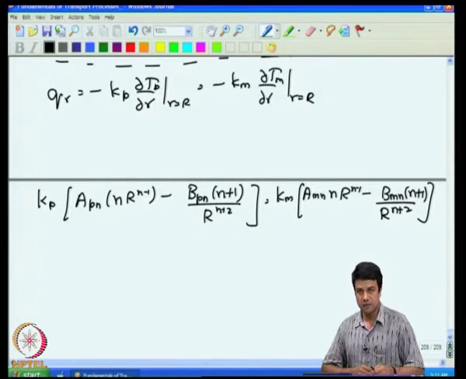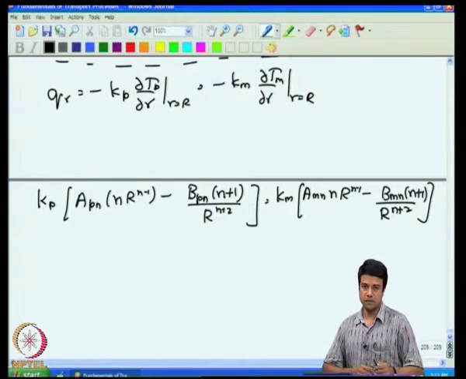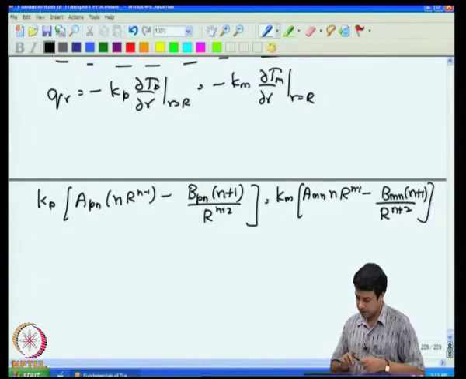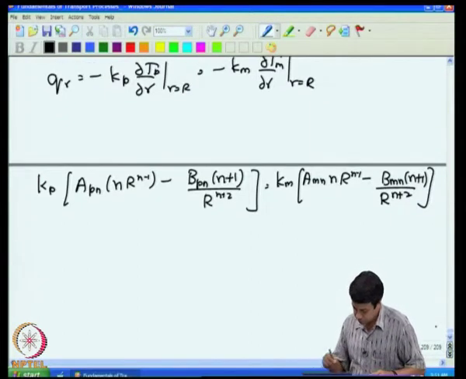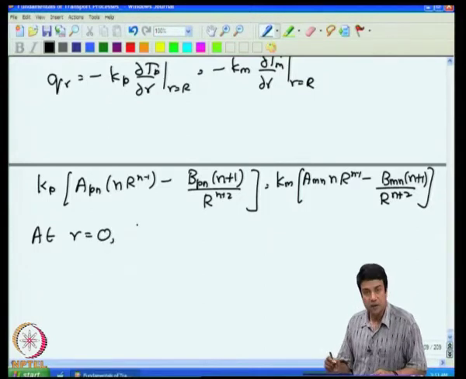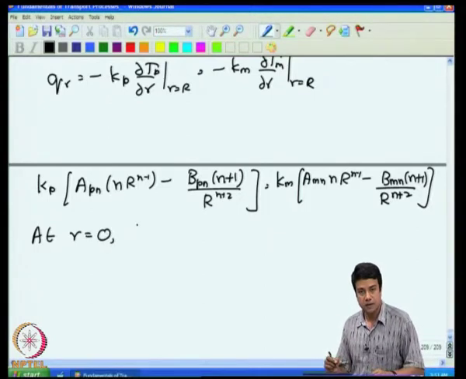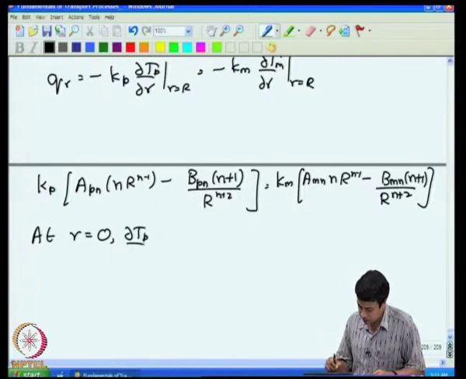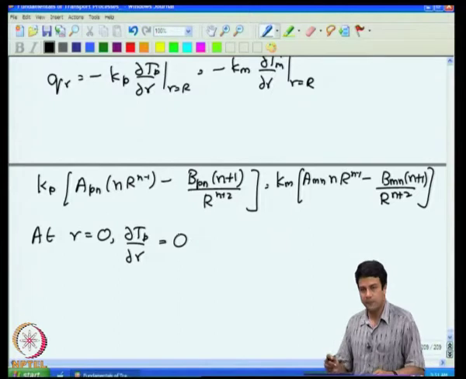I also have conditions to satisfy at the center of the particle as well as in the limit as r goes to infinity, far away from the surface of the particle. At the center r is equal to 0, I require that the derivative, partial Tp by partial r, is equal to 0.